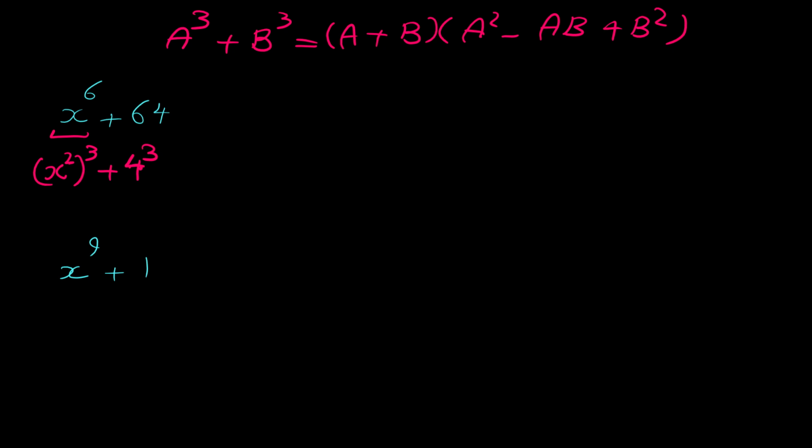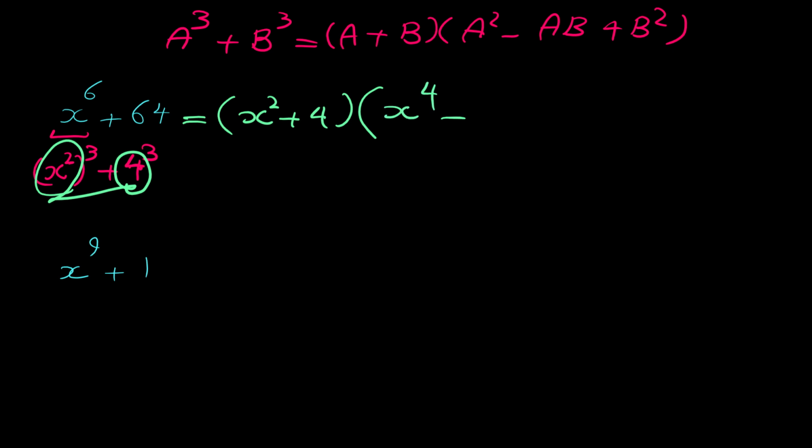So the factored form would be a plus b, where a is this, b is 4. So (x to the 2 plus 4) times (a to the 2, x to the 2 to the 2 would be x to the 4, minus ab, multiply 4 by x to the 2, minus 4x to the 2, plus b to the 2, which is 16).